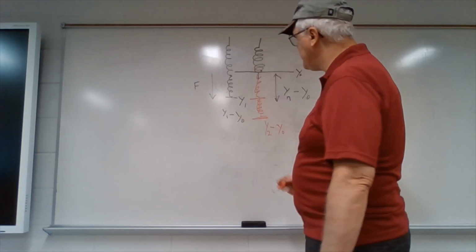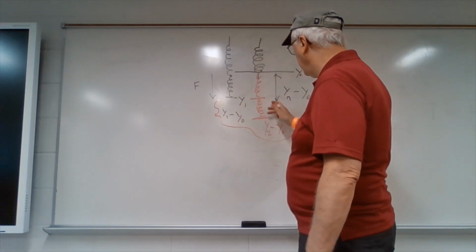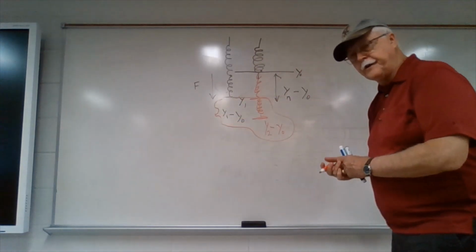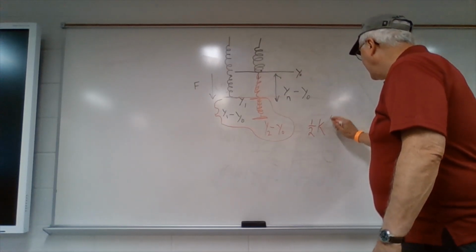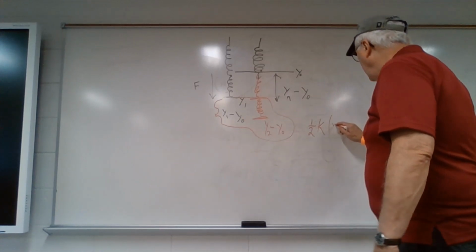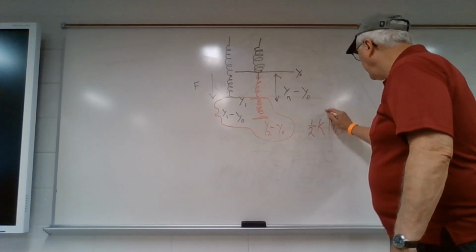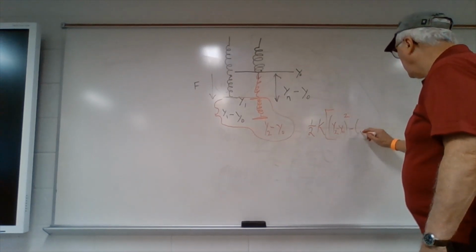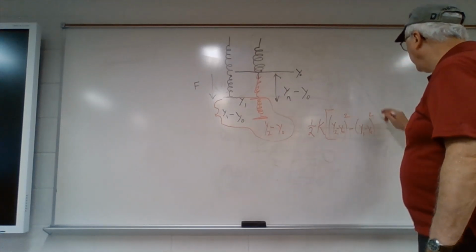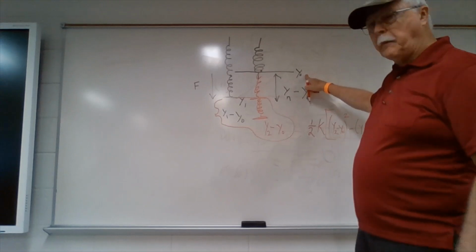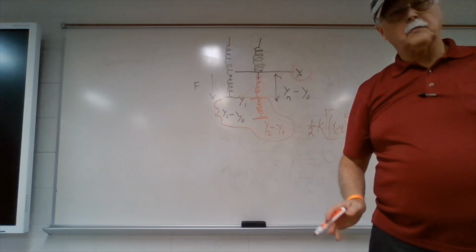So the change in potential energy from y1 to y2 is 1/2 k (y2 minus y0) squared minus (y1 minus y0) squared. Do not forget to baseline everything to y0. That's all I'm going to say on that.